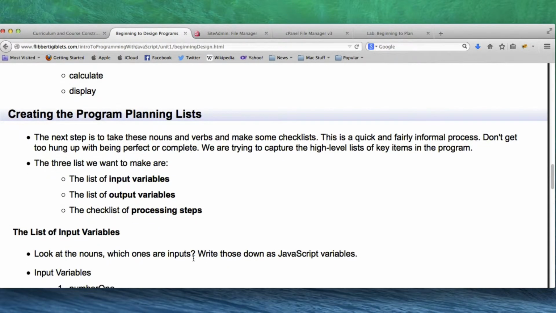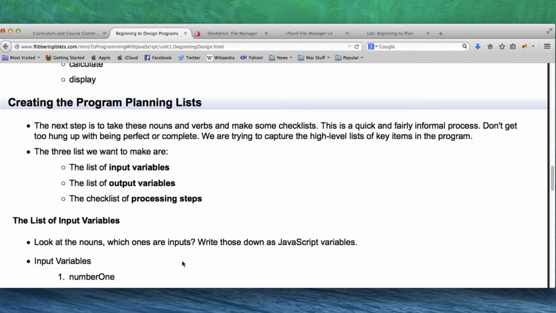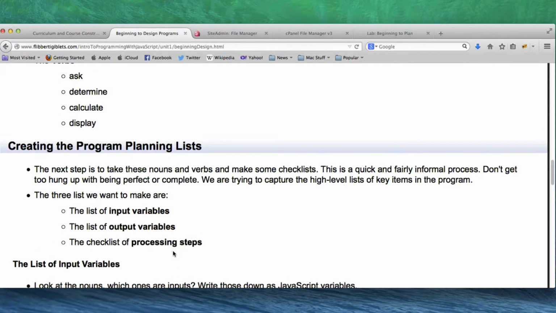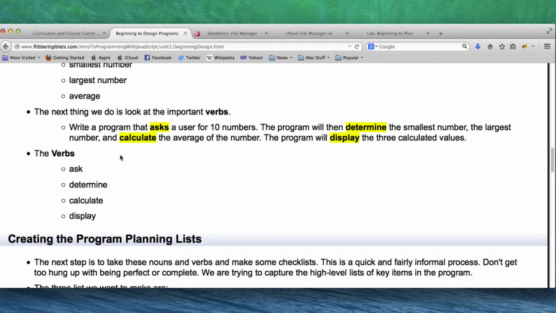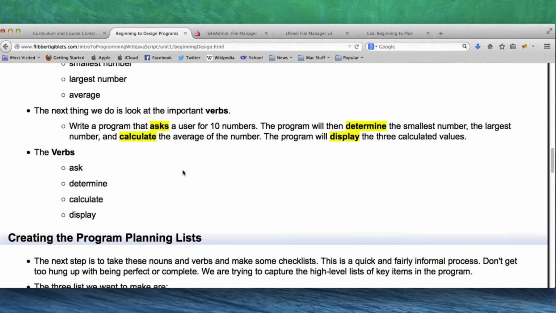We look at these nouns, and we want to determine which of these nouns are going to be used as input. I look at the problem statement again, right up here. Write a program that asks a user for 10 numbers. All right, so it looks like the 10 numbers are the input.